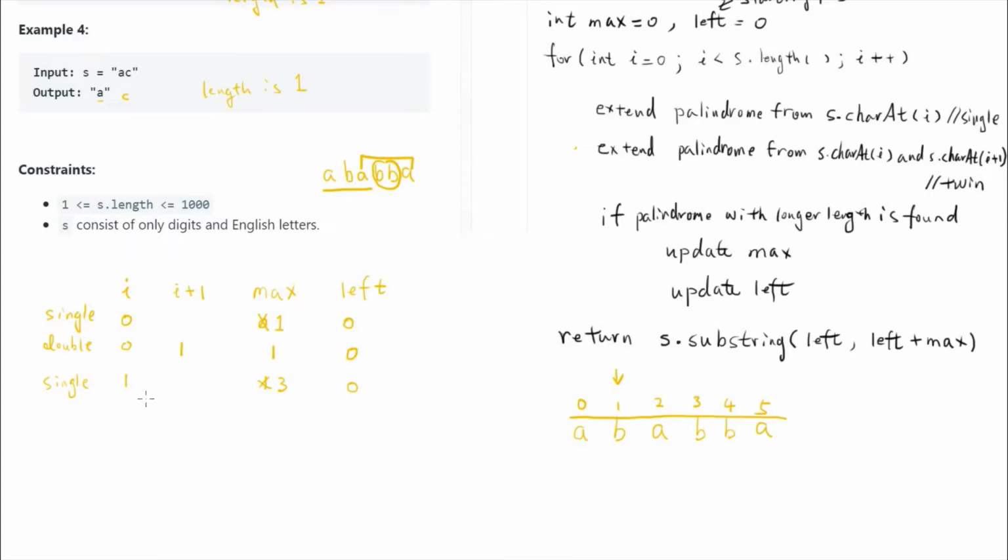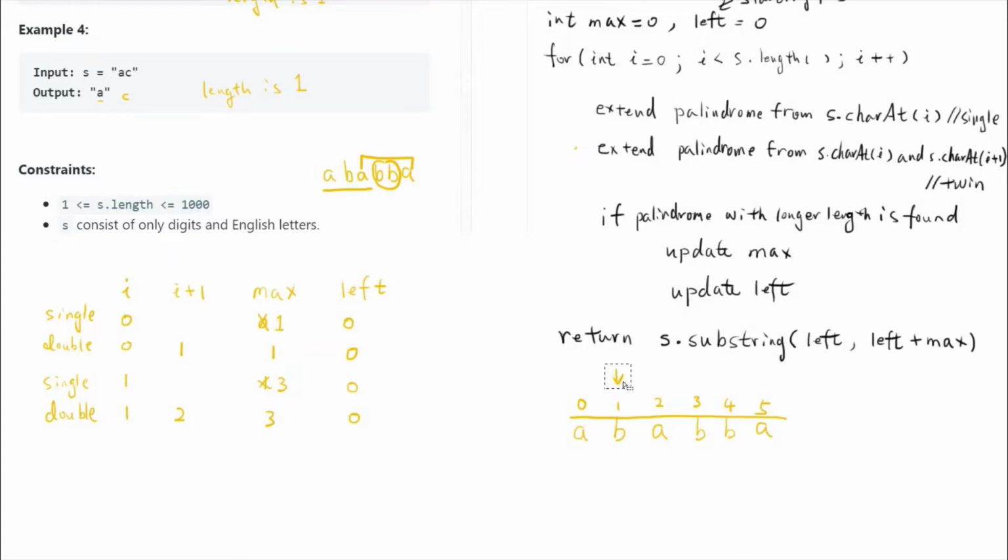And the next step is we try to expand from 2 characters, from 1 and 2. First we will compare if B equals A. So they are not equal. Max remains as 3, left remains as 0.